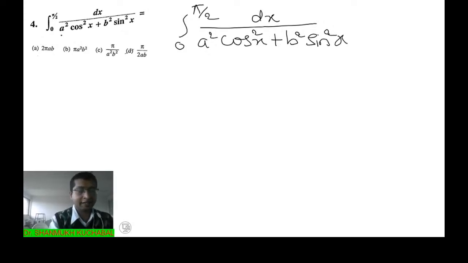The integration of this is pi divided by 2ab. Therefore here it is the same function. Therefore option D, pi divided by 2ab, is the right answer.